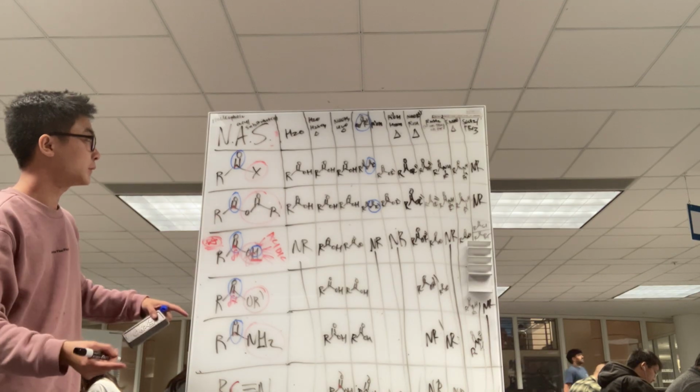Right? So for example, if I gave you this acyl bromide right here, and I react this with this ethanamine with Et3N, triethylamine, what would the product look like here? What would be the reaction here?